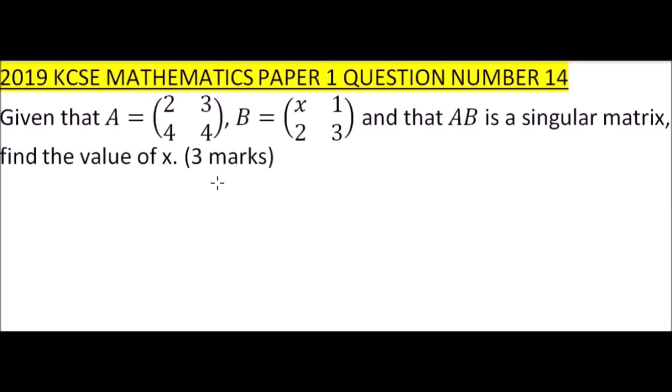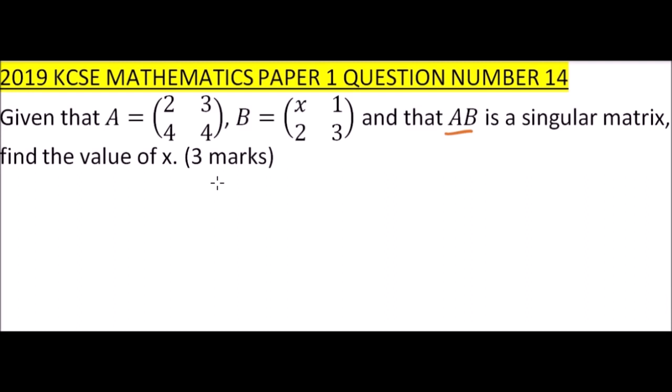Number 14, 2019, paper 1, you are told, given matrix A is equal to 2, 3, 4, 4, matrix B is equal to x, 1, 2, 3, and AB is a singular matrix, find the value of x. So what do we need to know here? First, you should know how to multiply two matrices.